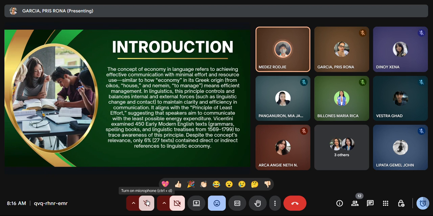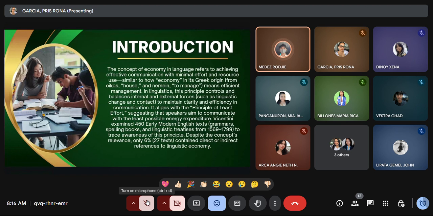Economy means communicating ideas clearly, using the fewest words and the least effort, but still making sure the message is complete and understandable. So in linguistics, this idea follows the principle of least effort, which says that people naturally choose the simplest, shortest, or most convenient way to say something, as we say in the rule of economy.